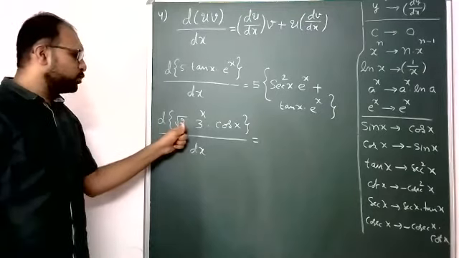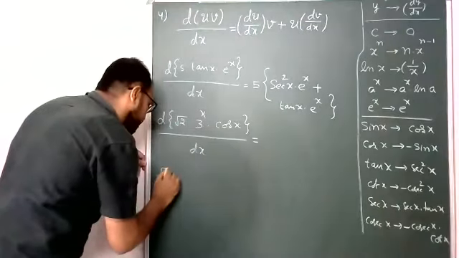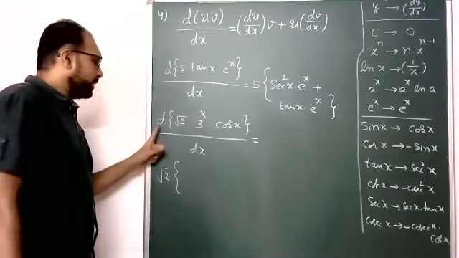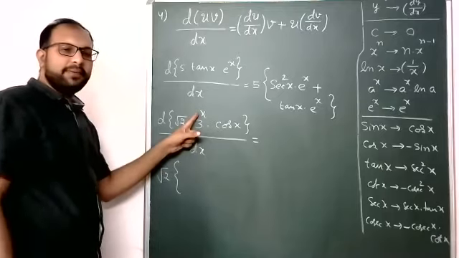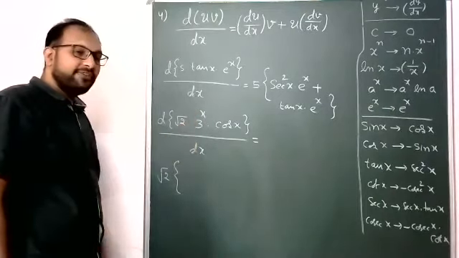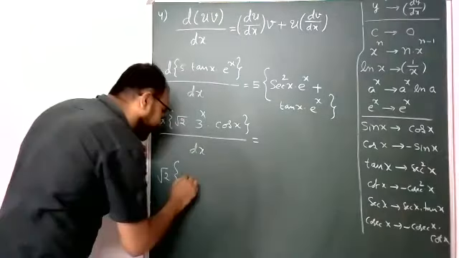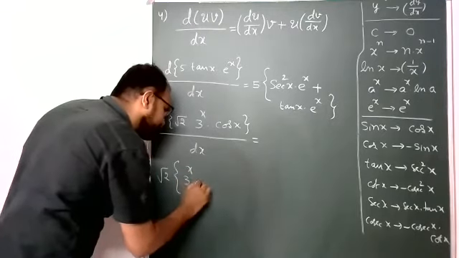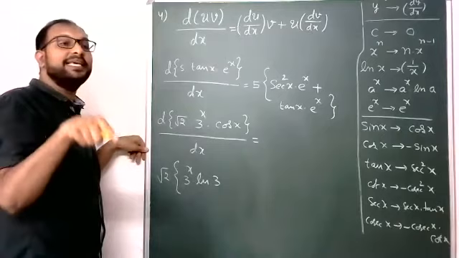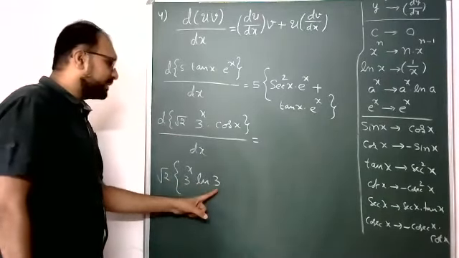Just like the previous, root 2 is a constant, that's why take root 2 outside. Students, here first we need the derivative of 3 to the power of x. 3 to the power of x is a to the power of x, so the derivative is 3 to the power of x ln 3, meaning log 3 base e.